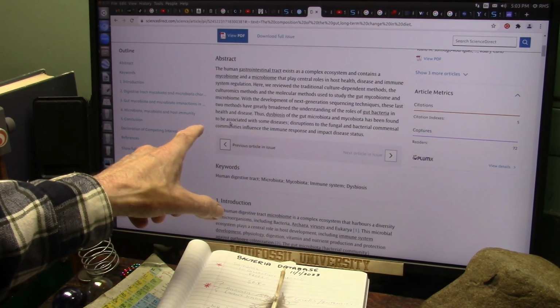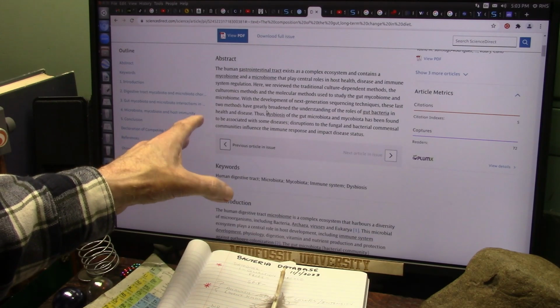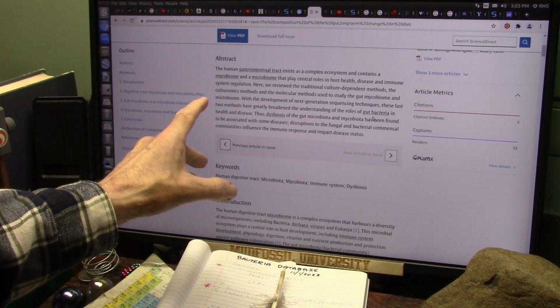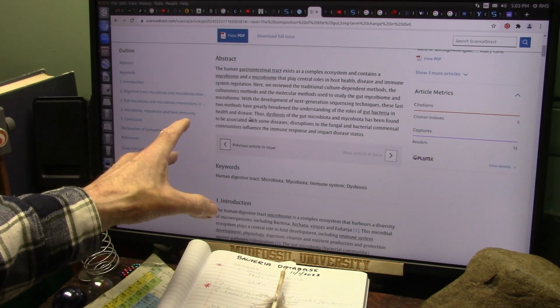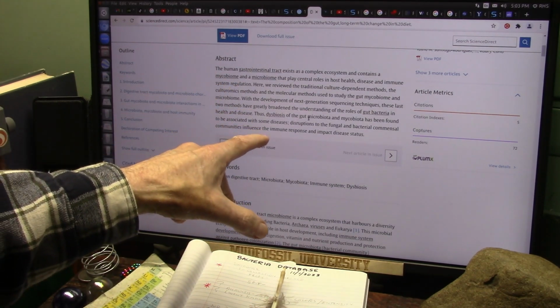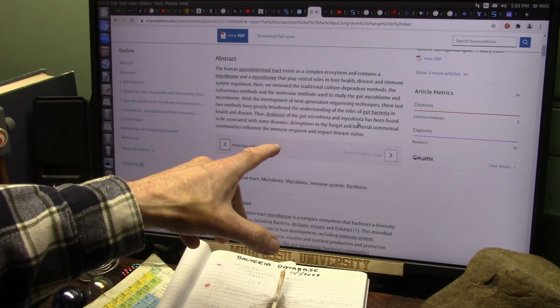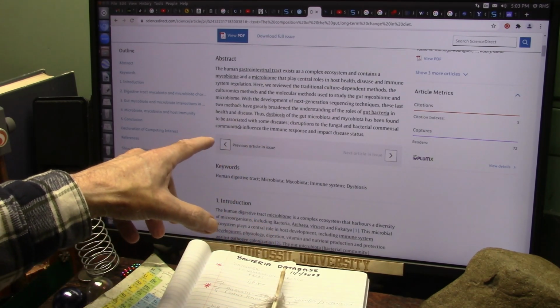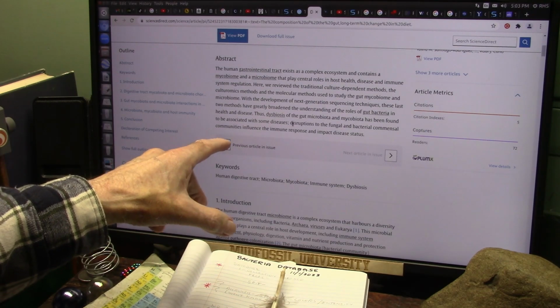All right, so it says, the last two methods have greatly broadened the understanding of the role of gut bacteria in health and disease. Thus, dysbiosis of the gut microbiota has been found to be associated with some diseases.